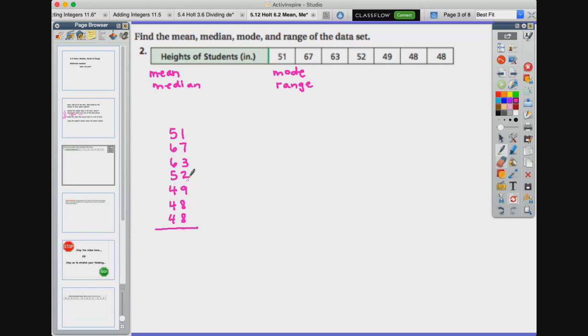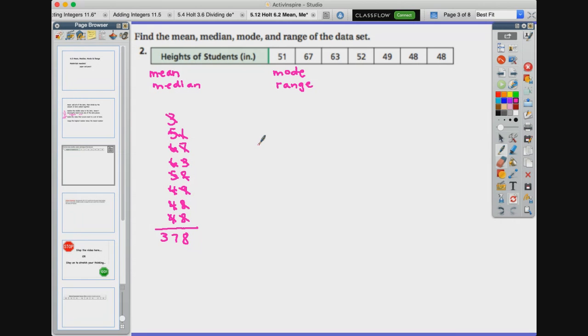Carry my 3 10s. And then I have 10 and 20 and 30, 34, 37. So 378 is that now. And there are 1, 2, 3, 4, 5, 6, 7 of them. So I'm going to do 378 divided by 7.